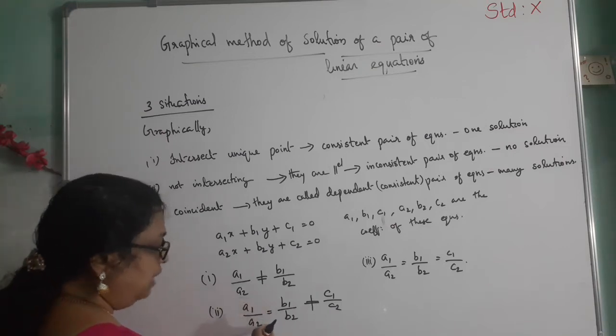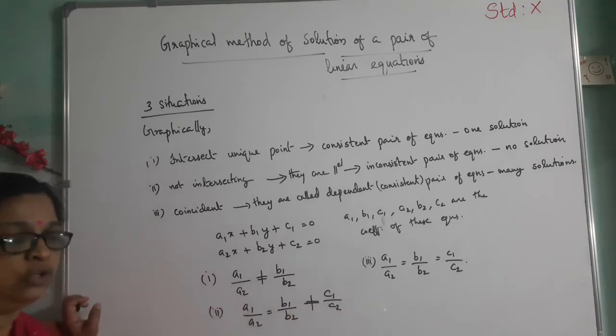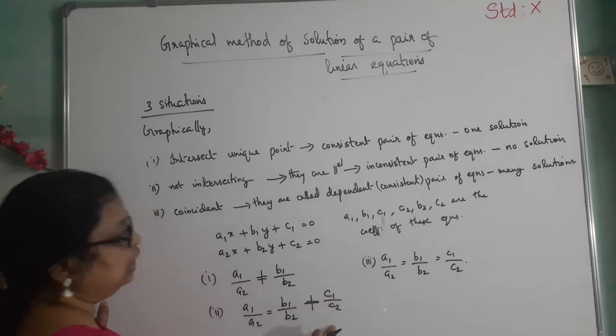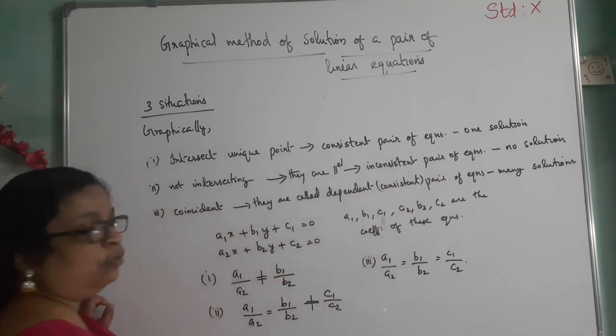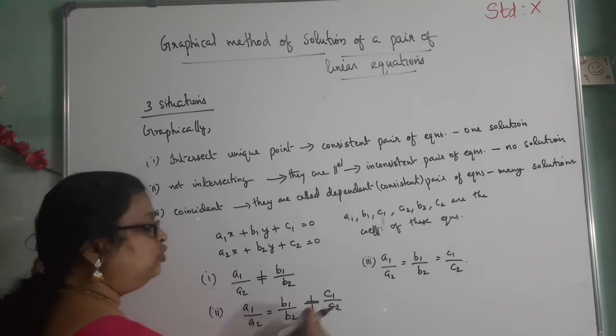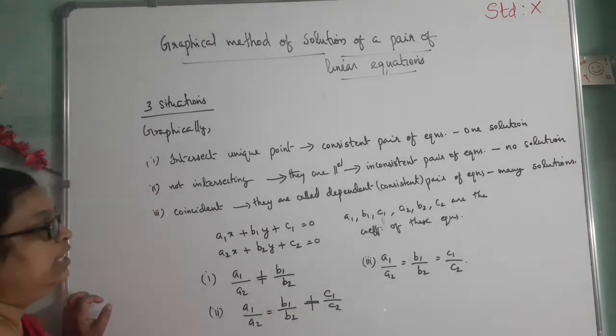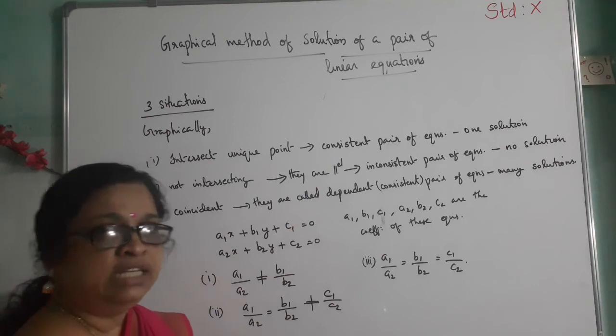If a1 by a2 equals b1 by b2, then we check c1 by c2. If it is not equal to c1 by c2, it is called an inconsistent pair of equations and they have no solutions. If a1 by a2, b1 by b2, c1 by c2 are all equal, then we can say the pair of equations are coincident, that is, the equations have many solutions.